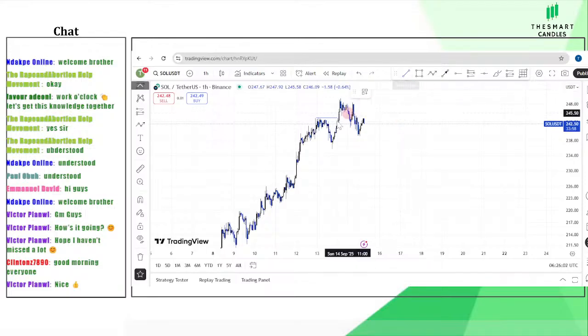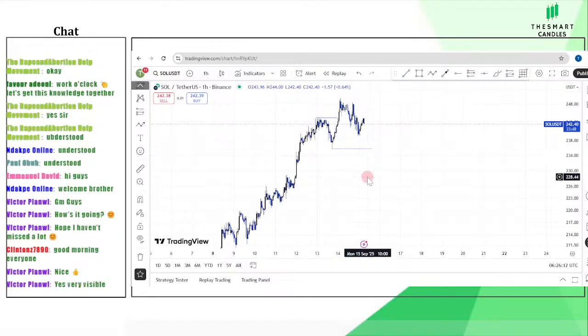Okay, so after having this last break of structure, what do you have? This is liquidity, which tells you that this is an inducement. So where are we looking to take our trade from? This is the last order block we have.